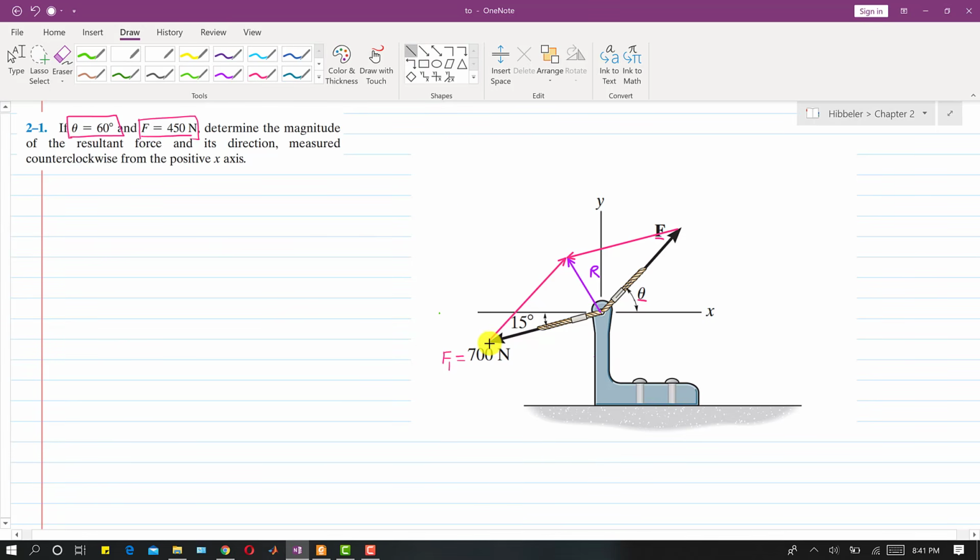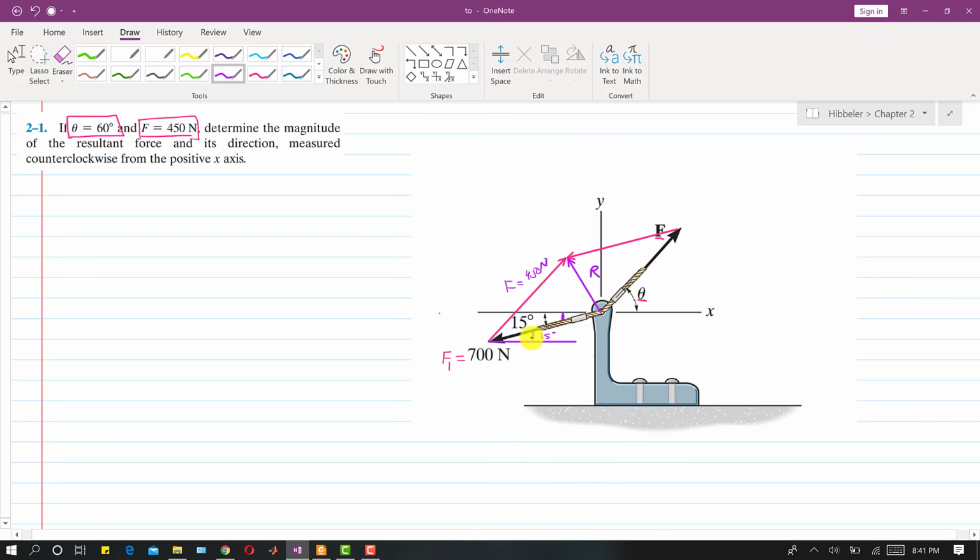Now let's suppose I draw this horizontal line, parallel to this positive x-axis. This F1 is making 15 degrees with the x-axis, with this horizontal. So if this is 15 degrees, this is also 15 degrees, since these two angles are alternate angles. And this is F, so I will write this as F, which is 450 Newton.